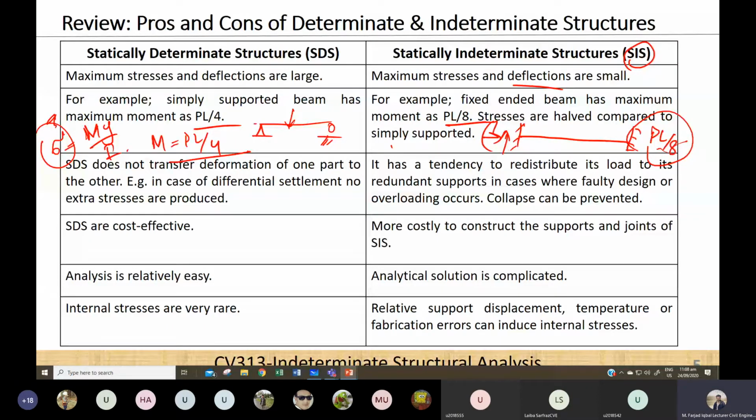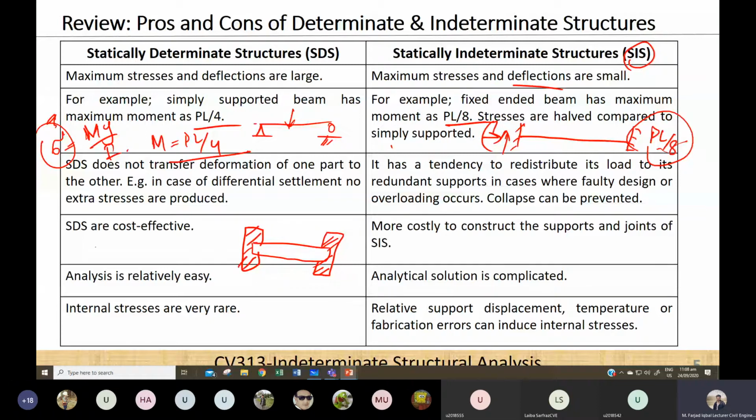And obviously, in an indeterminate structure, we have to provide an extra support. To build that support, for example in houses or normal structures that we see every day, if this is a beam, then this type of support or concrete is provided in this way, and this is what we call a fixed beam.